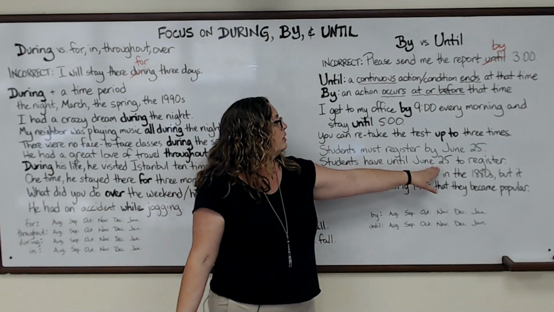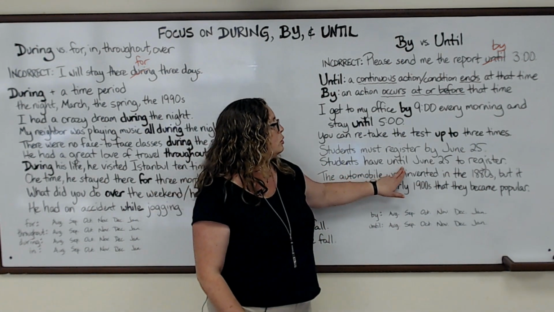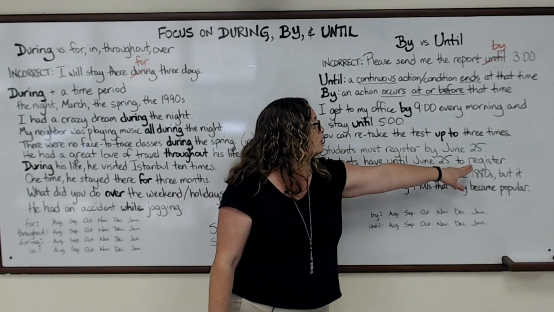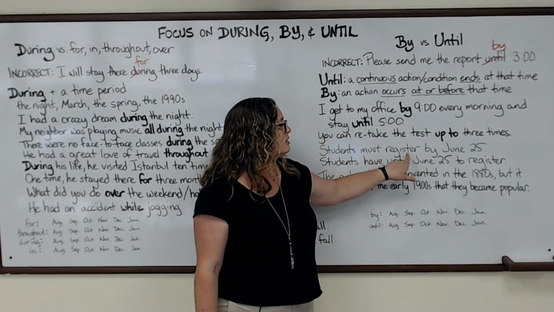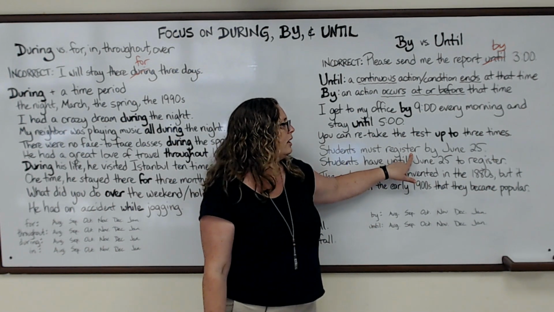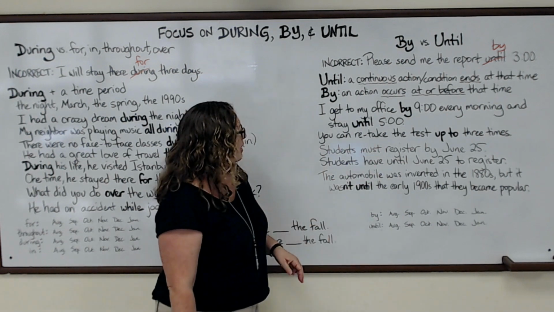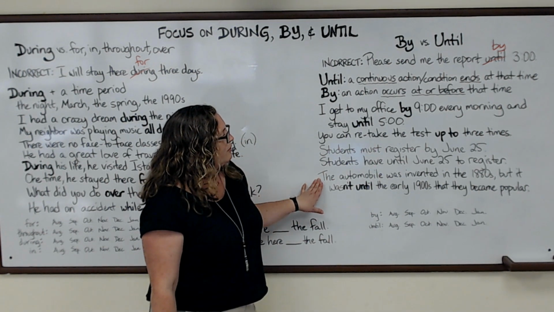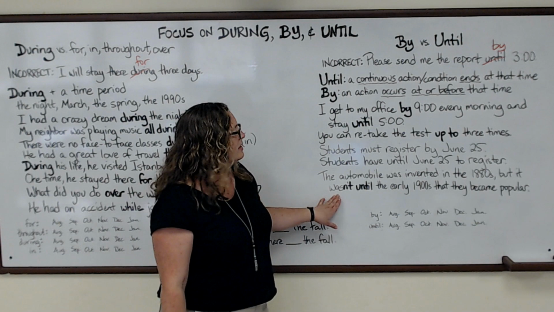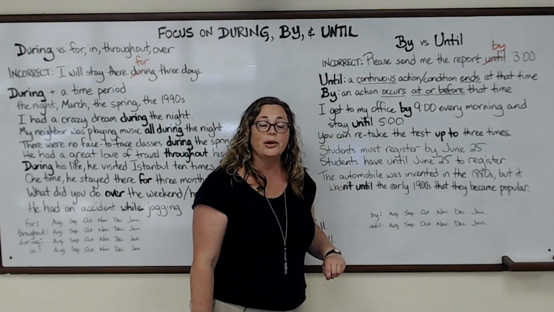Students have until June 25th to register. This is a situation when you could use until with register. But if you're talking about it like this, with register as your main verb, you cannot use until. You need to use by. So take a look at the difference there. The automobile was invented in the 1880s, but it wasn't until the early 1900s that they became popular.